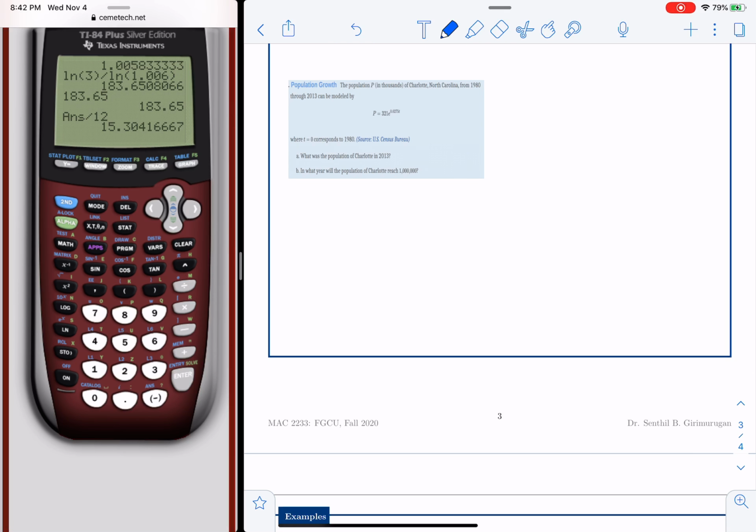So here is an application problem where the population, P in thousands, of Charlotte, North Carolina from 1980 through 2013 can be modeled by this expression, which is P equals 321 e raised to 0.0275t. And t equals 0 corresponds to the year 1980.